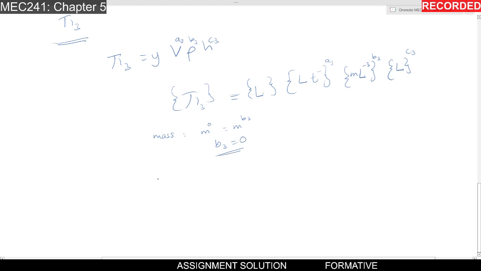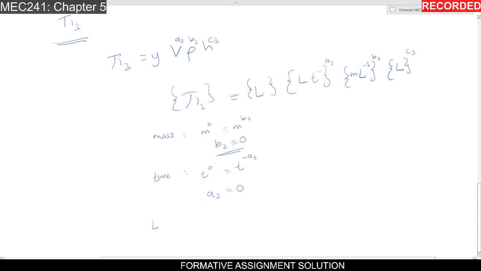And then for the time: time is 0. Here we don't have any time, and here we only have the velocity. So the time here is minus a3, so you will get a3 equal to 0, right?